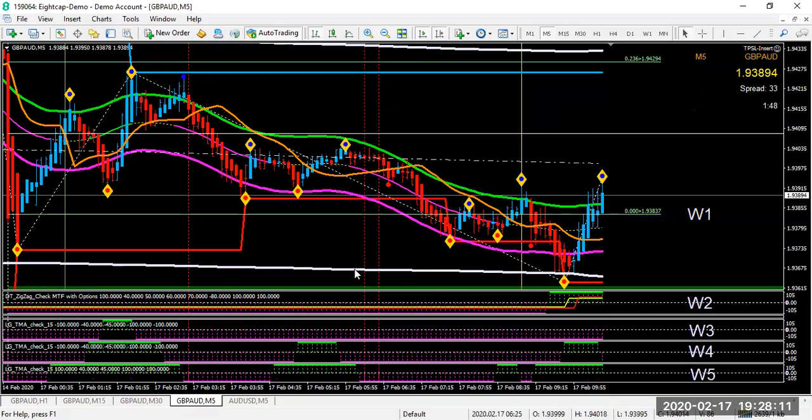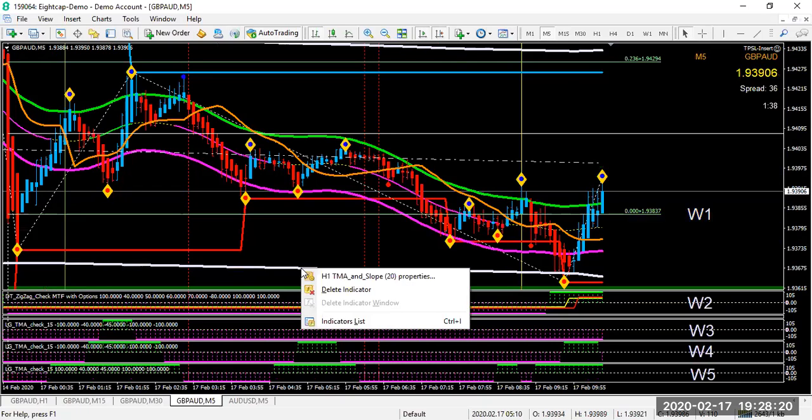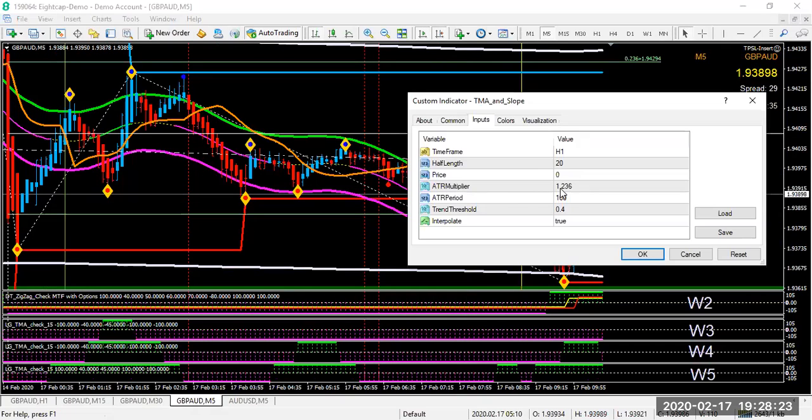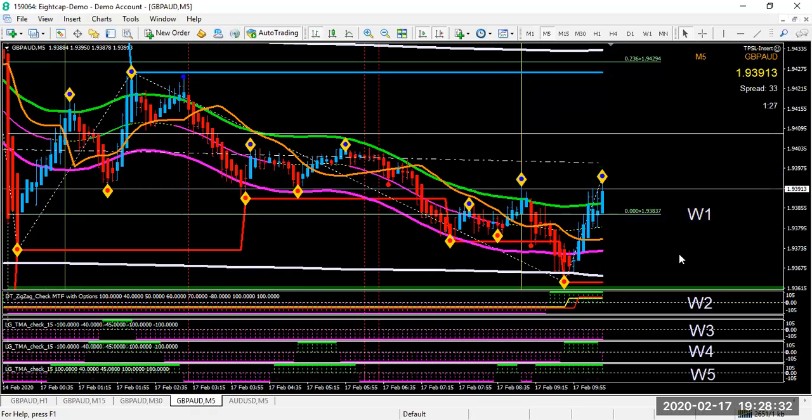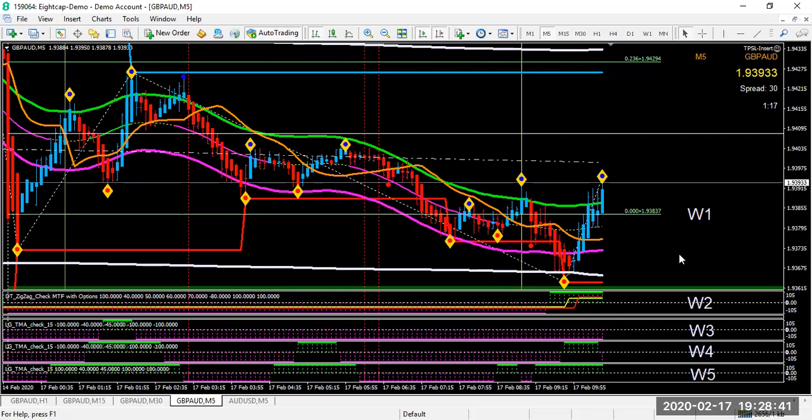The one change you may have to do is just go to your white H, put your pointer on it, right click, and change the ATR multiplier to 1.236. Once again, it's the first point of support and resistance in the Fibonacci expansion, 23.6.